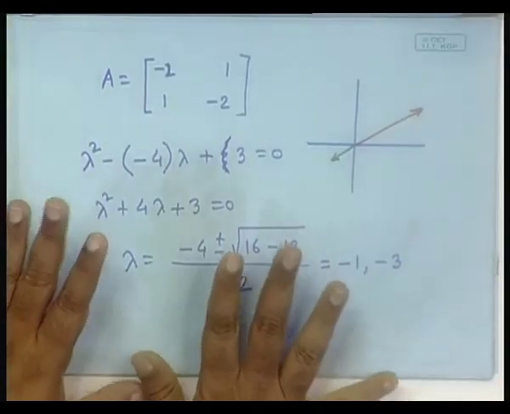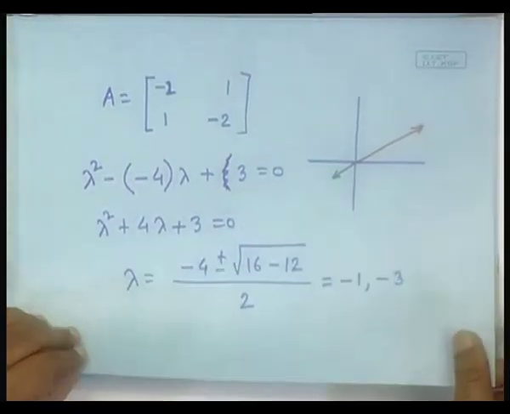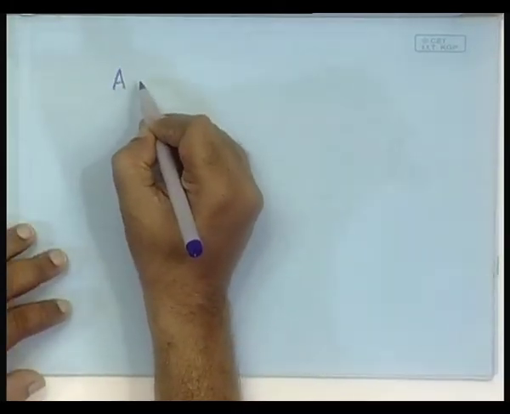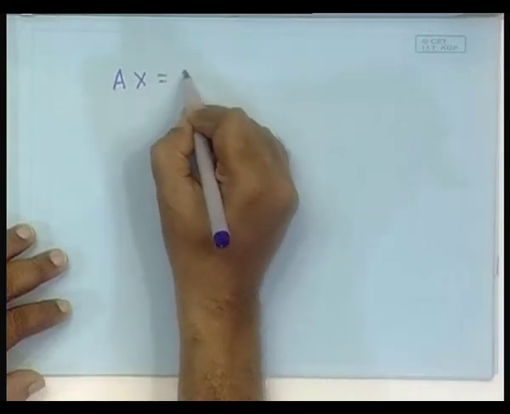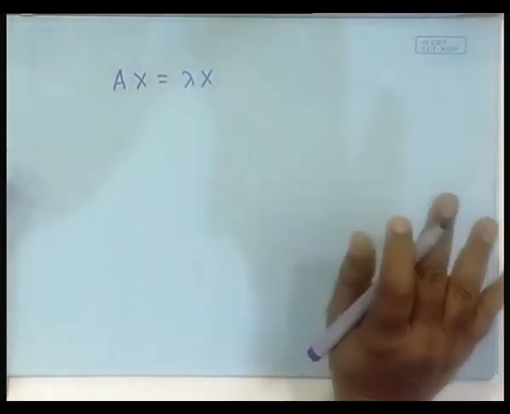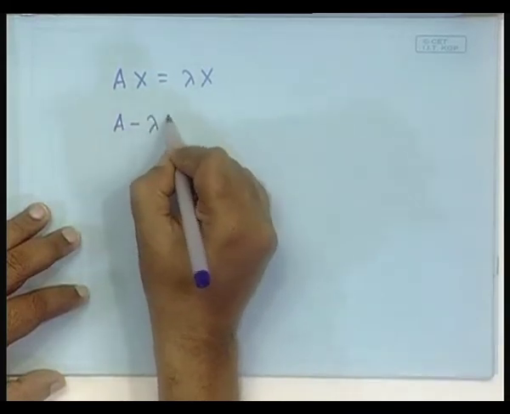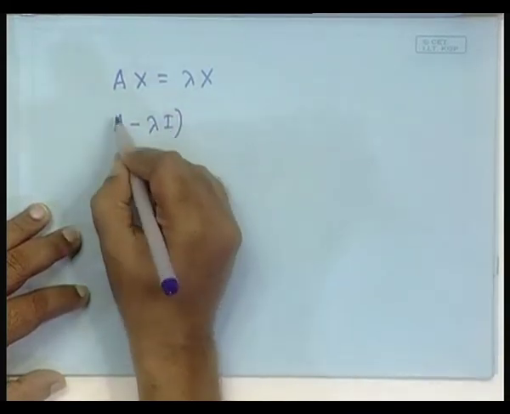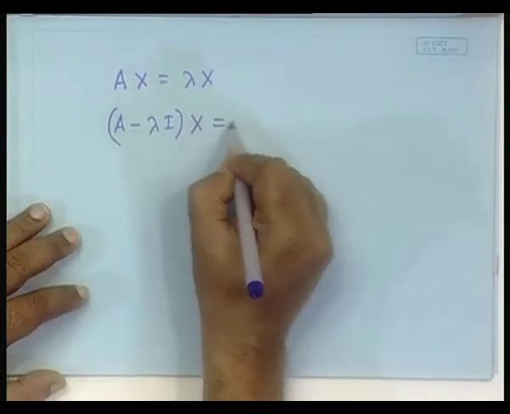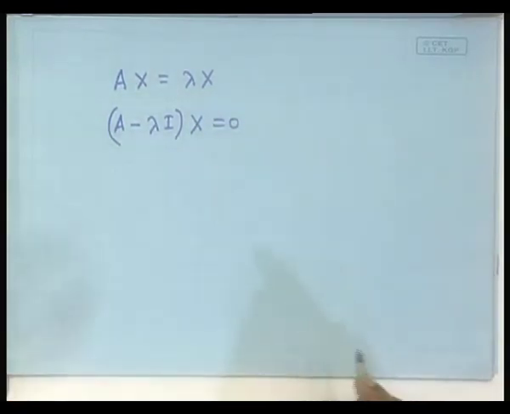So, this is the way to obtain the eigenvalues. And how to obtain the eigenvectors? That is simple. We have A x is equal to lambda x, that is where we started. So, you will have to say (A minus lambda I) x is equal to 0, right.